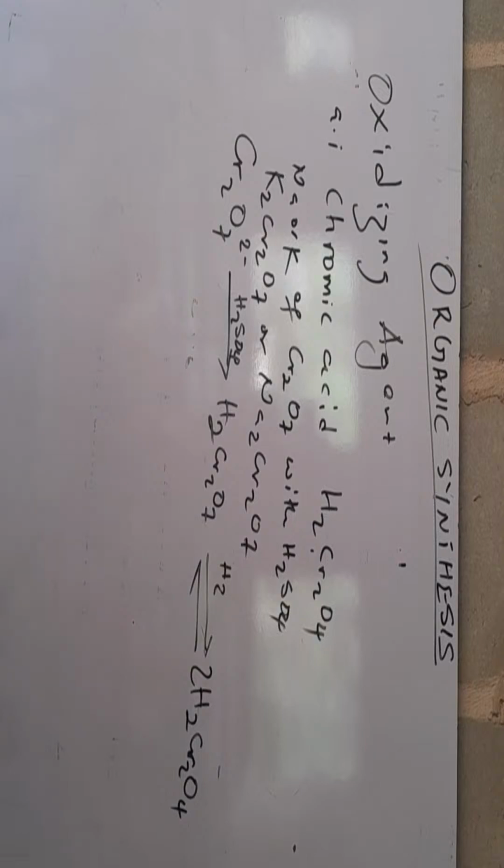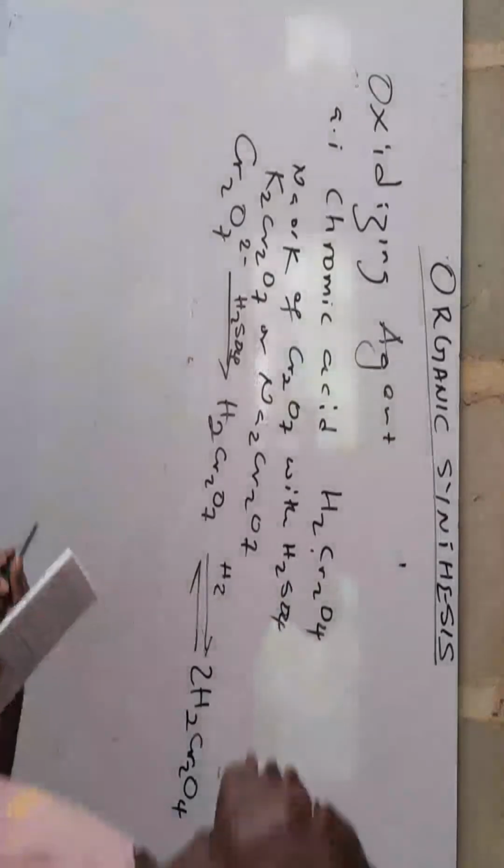Okay, now in another form, we have what we call oxidation of primary alkanol to carboxylic acid. Take note of this. This is A Roman figure 1.